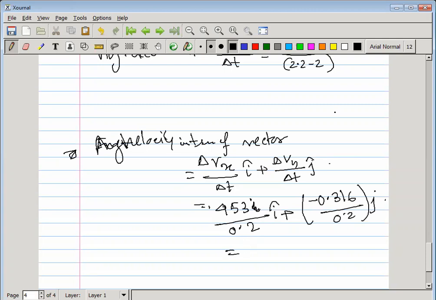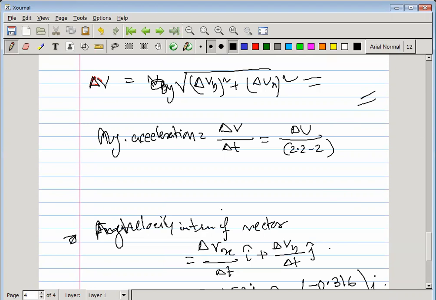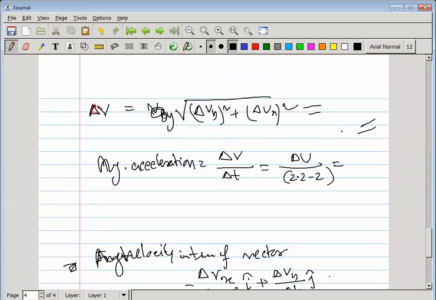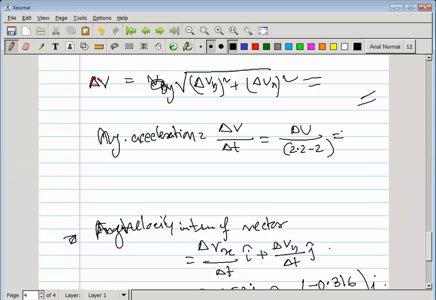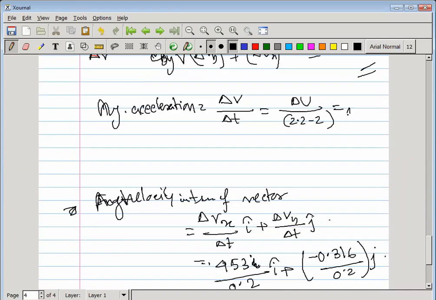The magnitude value should be 0.552 meter per second square.